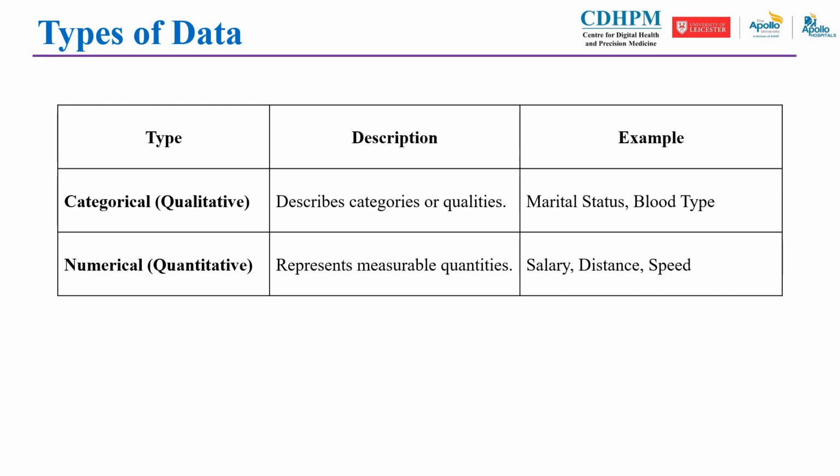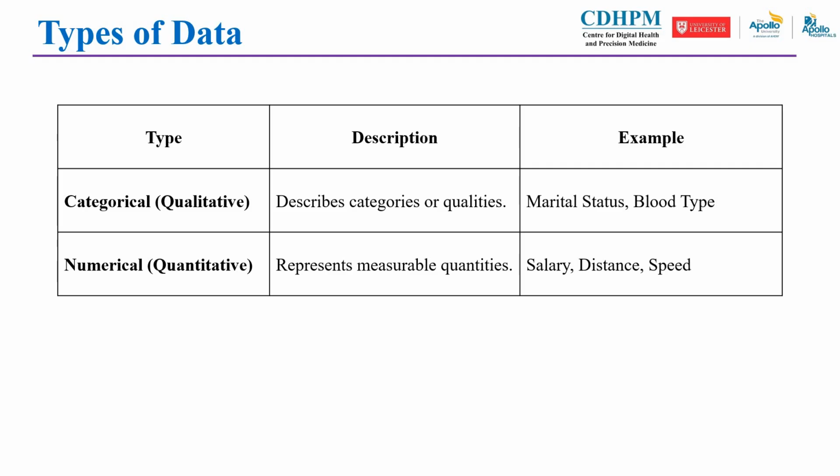Then you have another type of data or variables, categorical and numerical. What is categorical? In the example I quoted before, you are trying to understand the effect of a drug on the Asian population, African population and Caucasian population. Asian, Caucasian and African, these are not numbers, these are categories.